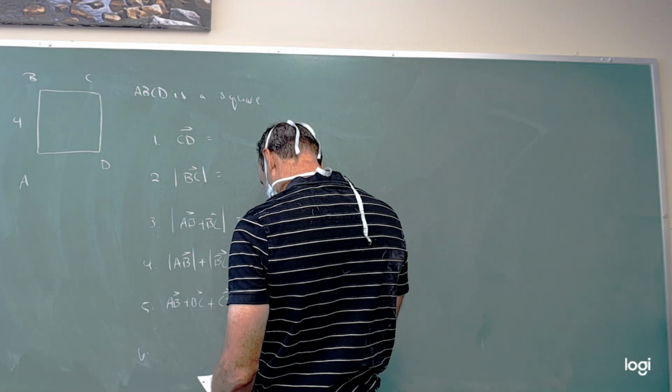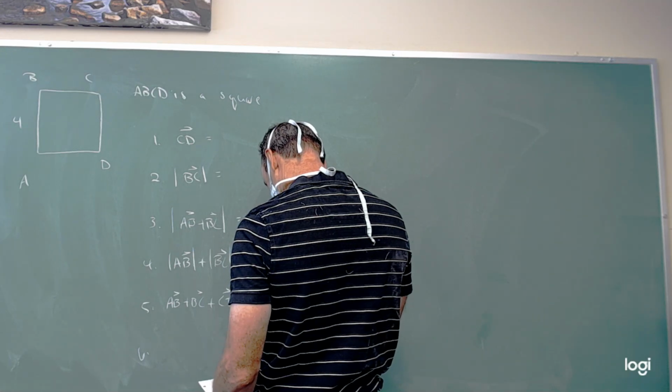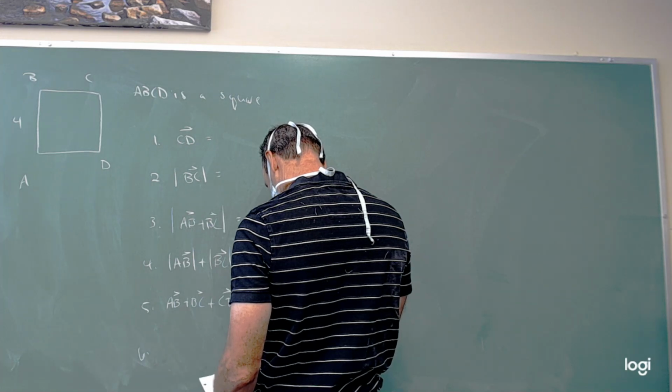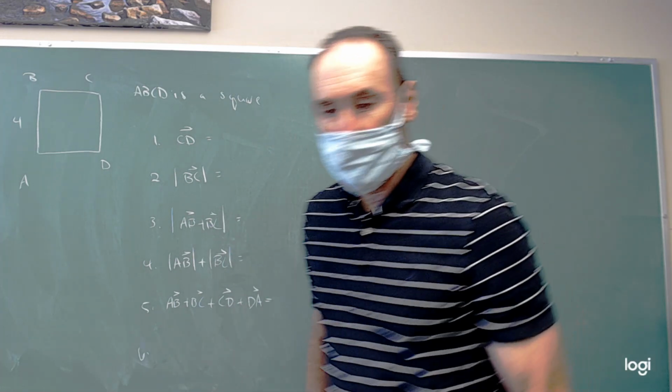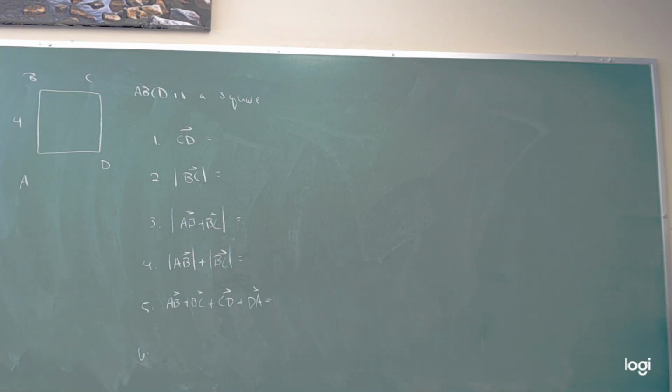I can only read my writing there. I have to cheat using my glasses here. I'll come back. You can start thinking on that. I'll try to figure out what I actually wrote here. With AD minus AB.